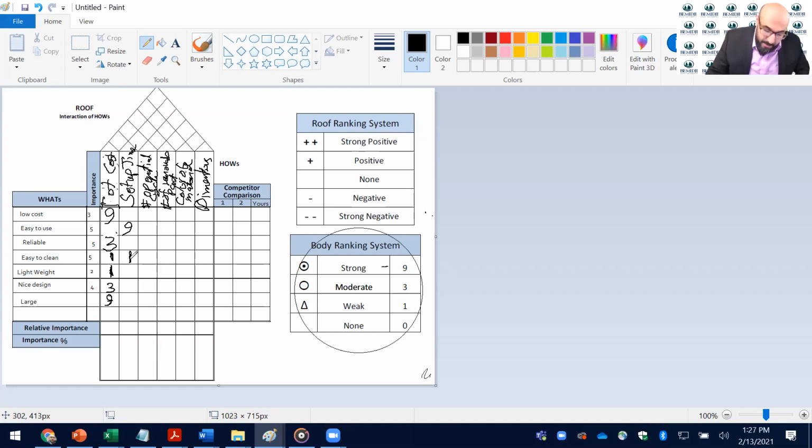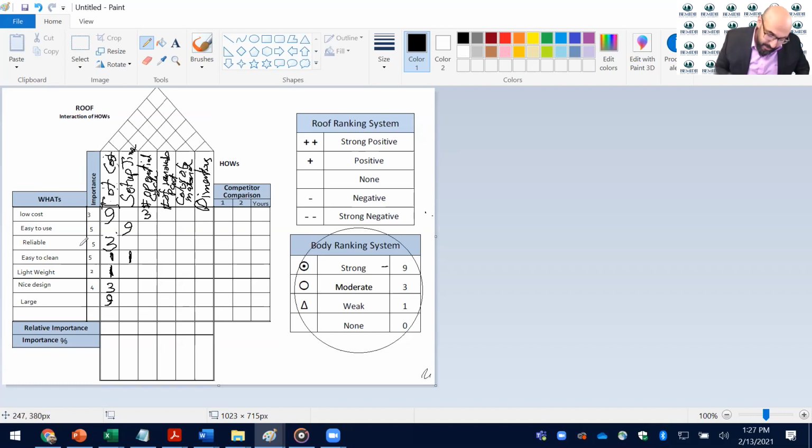Now moving into the number of operational cycles with low cost. That could be a 1. I would maybe make it 3 actually. I would make it 3. Number of operational cycles and easy to use, I don't see any relationship.